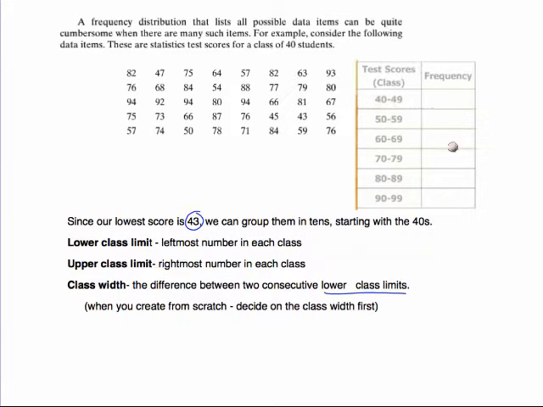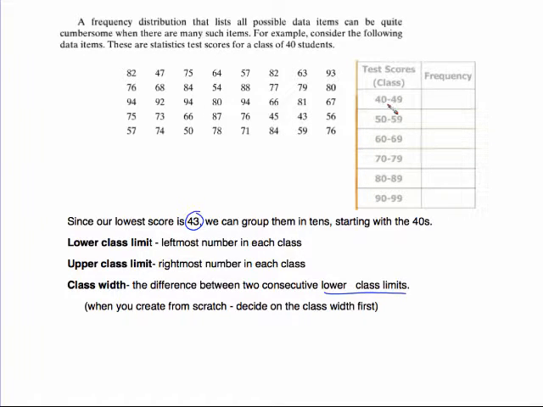So the class width is a matter of subtracting those two. 50 minus 40 is a class width of 10. If I maybe pick these two, 90 minus 80 is still a class width of 10. So that's what class width is. Class width is not the difference between the front and the back here. It's not 49 minus 40 because that would have given us 9.